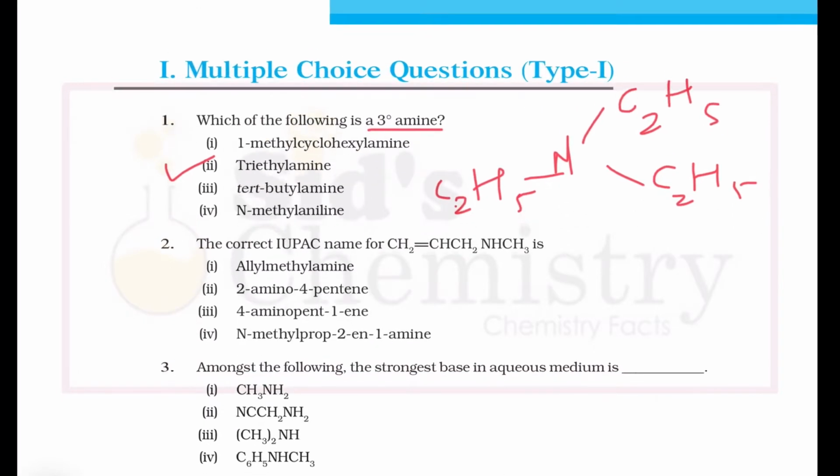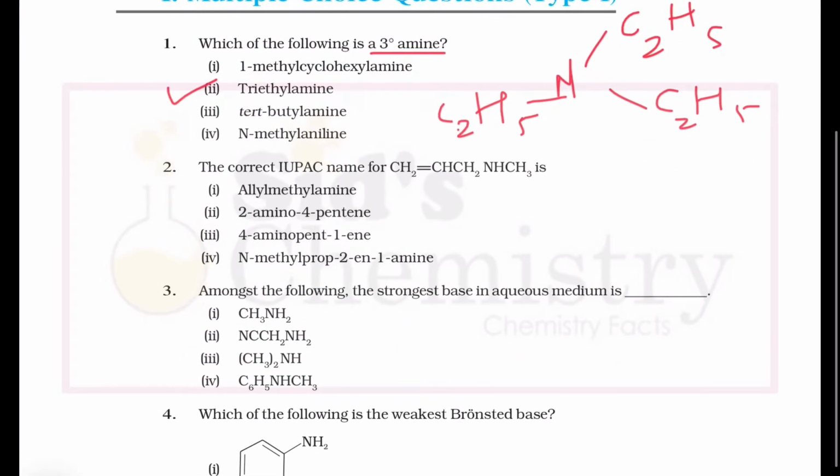Now coming to question number 2, the correct IUPAC name of CH2=CH-CH2-NH-CH3 is. Options are allyl methylamine, 2-amino 4-pentene, 4-amino pent-1-ene, and N-methyl prop-2-ene 1-amine.